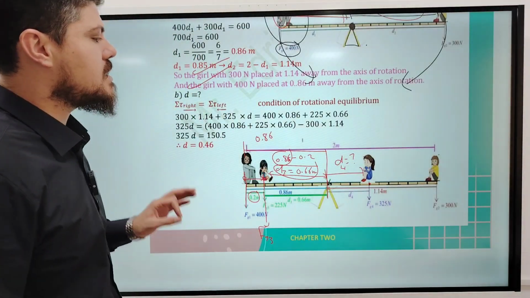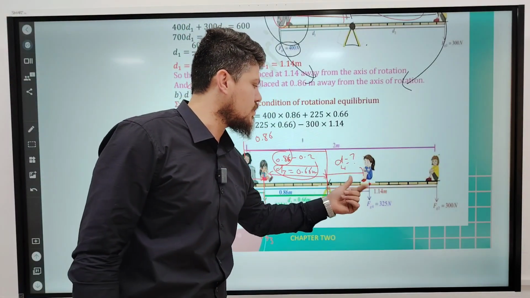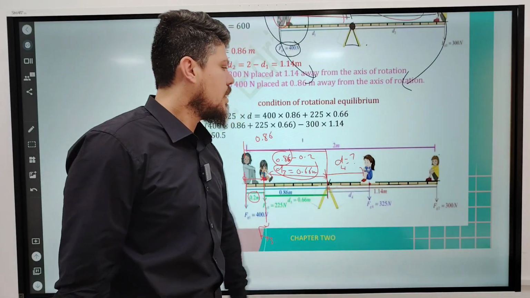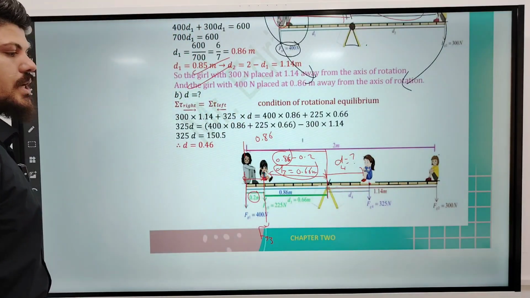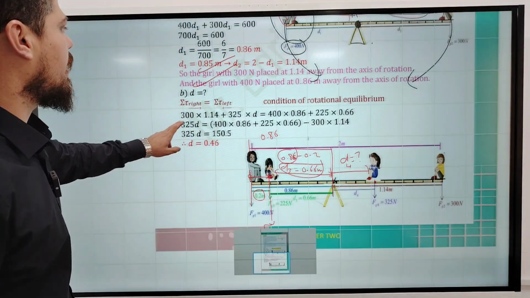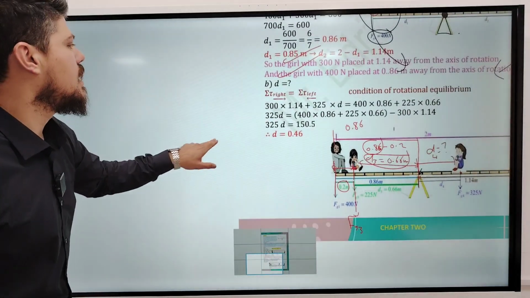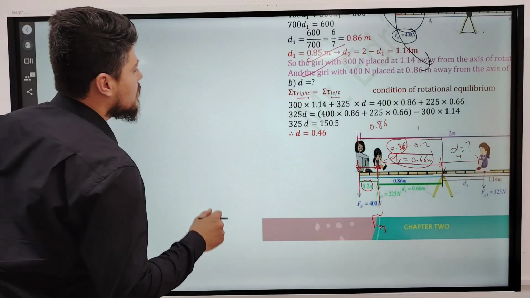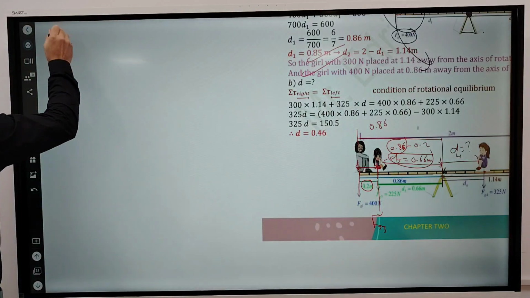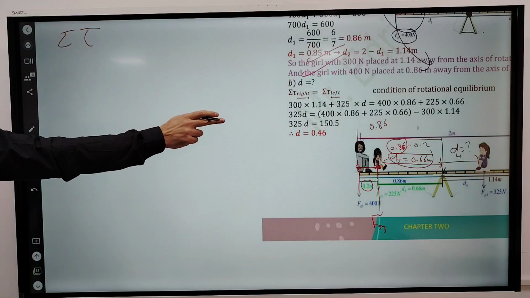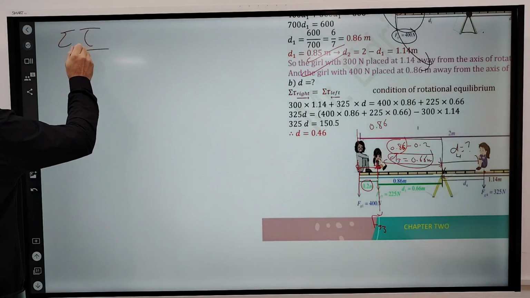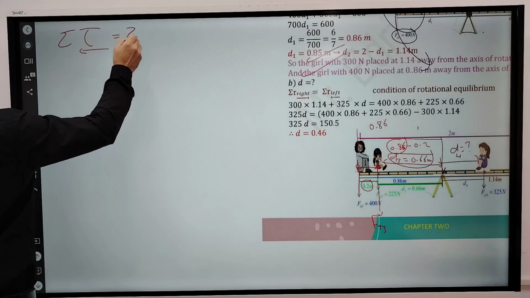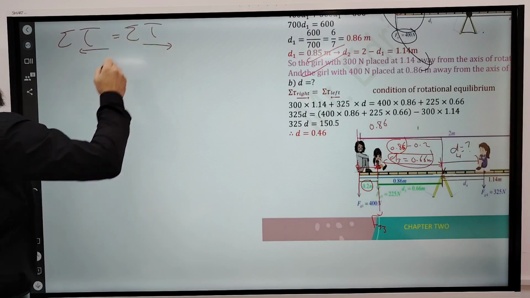The fourth distance is unknown for the last child, who sits here to maintain the rotational equilibrium of the seesaw. Okay, how can we determine this distance? To find distance every time, you have to use rotational equilibrium. Because the axis of rotation is located at the middle, all torques acting to the left are equal to all torques acting to the right.